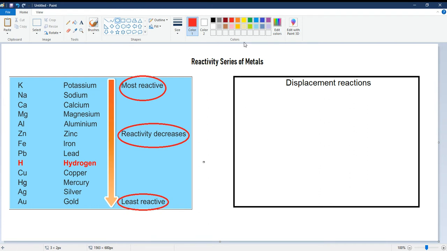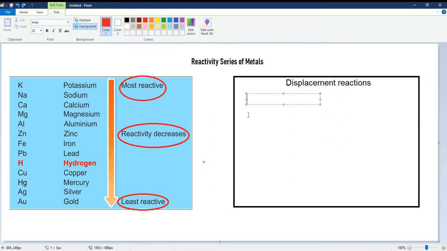Now, as we have learned about the reactivity series of metals, we're going to be learning about displacement reactions. I will teach the other reactions in the next video. So for now, let's start off with the metal.